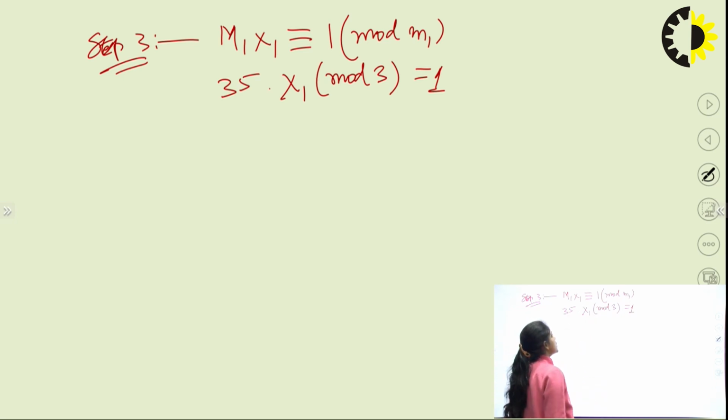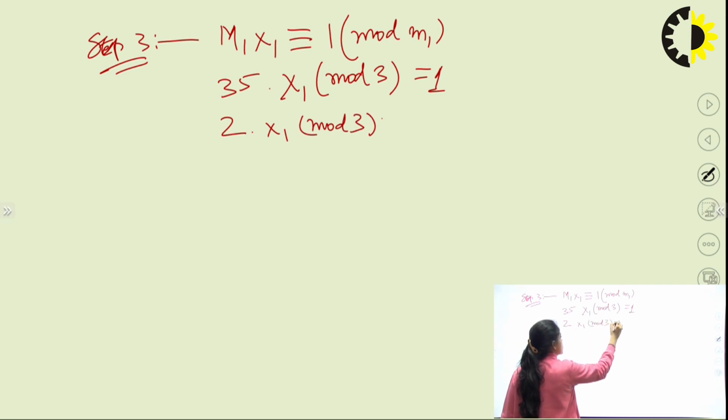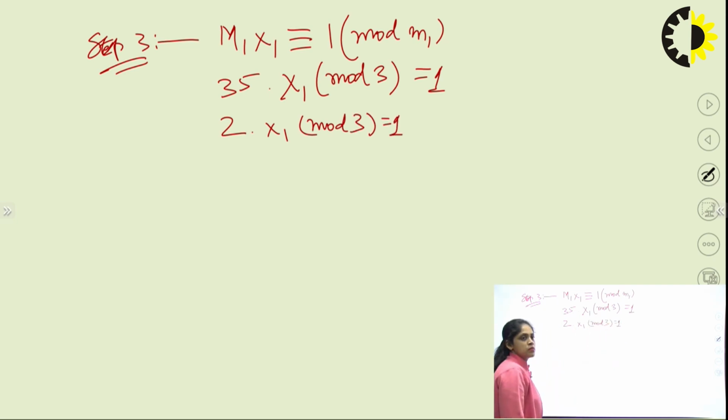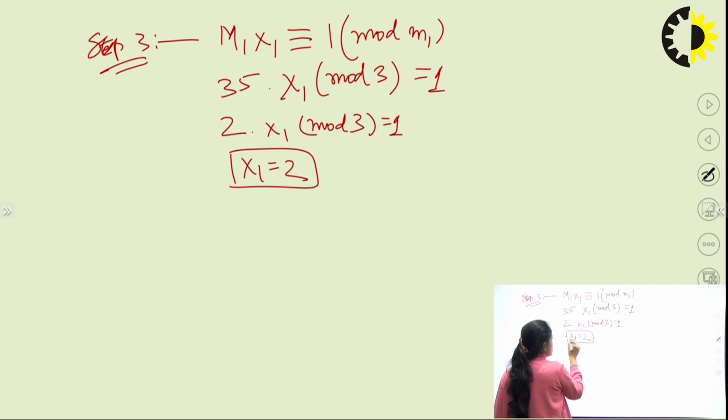When we divide 35 by 3, 3 11s are 33, and the remainder is 2. Now we need a value which, when multiplied by 2 and taken mod 3, gives 1. So we can take the value of X1 as 2, because 2 times 2 is 4, and 4 mod 3 gives 1.